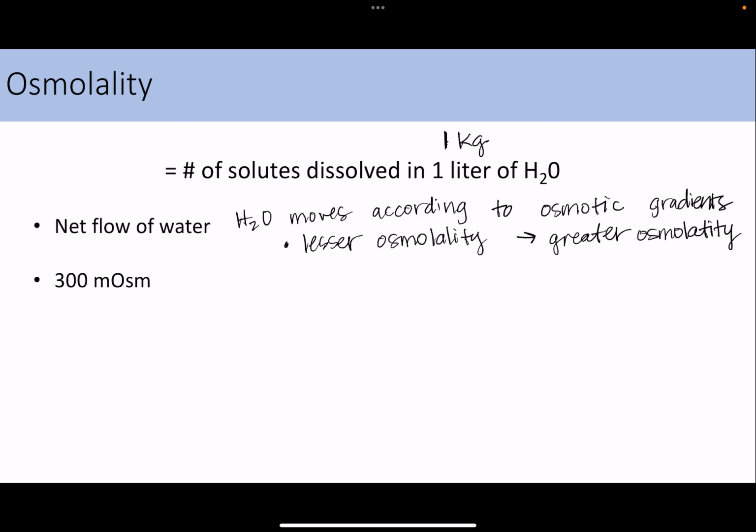So they're going to have different compositions of solutes in each of those three compartments, but if you add up all their solutes together, each fluid compartment equals 300 milliosmoles. That is the total concentration of all three compartments. So 300 milliosmoles in the intracellular fluid, 300 milliosmoles in the interstitial fluid, 300 milliosmoles in the blood plasma.